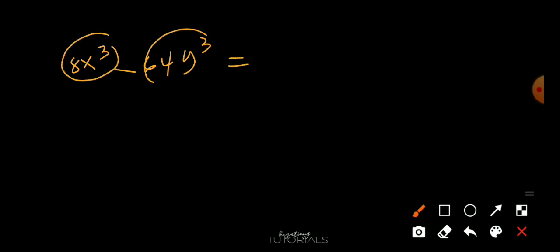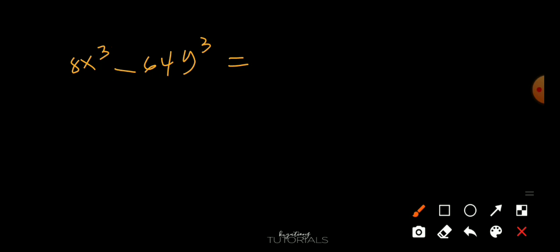Next, the last example. We have 8x cubed minus 64y cubed. Again, the first thing is to extract the cube root.